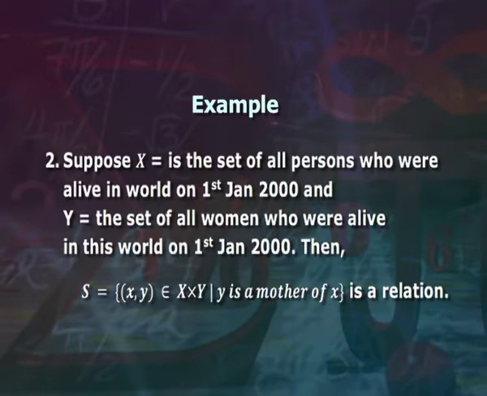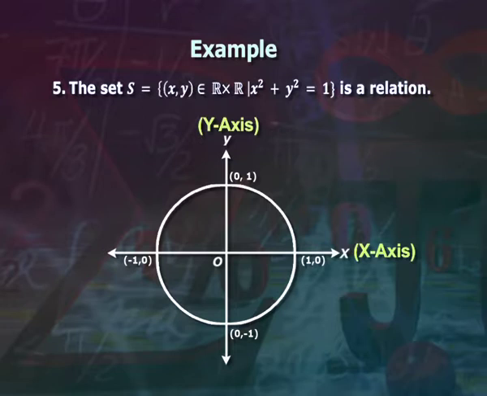In example number 2, if x is a person who was alive on 1st January 2000, but whose mother had died and was not there on that day, then for such x in X there is no y in Y such that (x, y) is in R. In example 5, it is very clear that if we take x greater than 1 or less than -1, then for such x there is no real number y such that x square plus y square equal to 1, and therefore, there is no y such that (x, y) is in R.